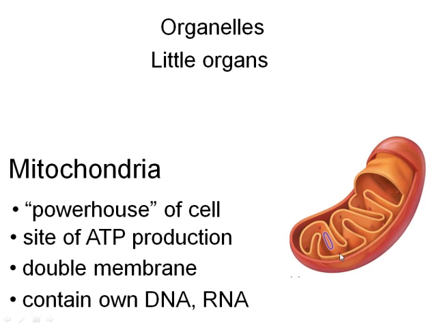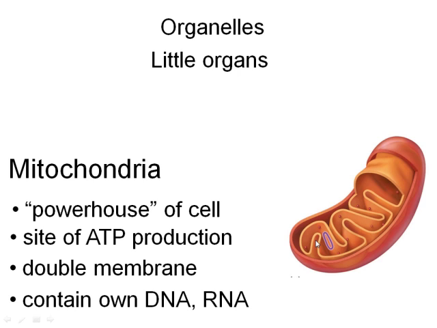Mitochondria are really interesting. They have their own DNA and their own RNA, and it's believed that at one time this inner part was a free-living organism that was ingested by a larger cell, and this is the membrane that the cell put around it when it ingested it, but it didn't destroy it, it didn't kill it. Rather, it sort of made it its little energy slave, and it makes energy.